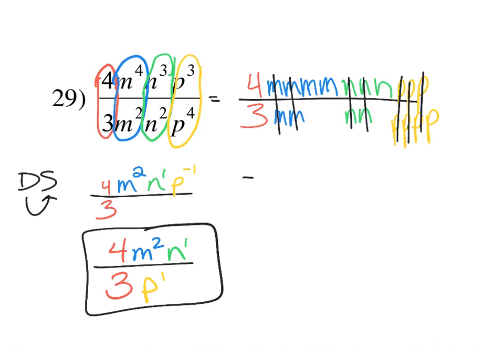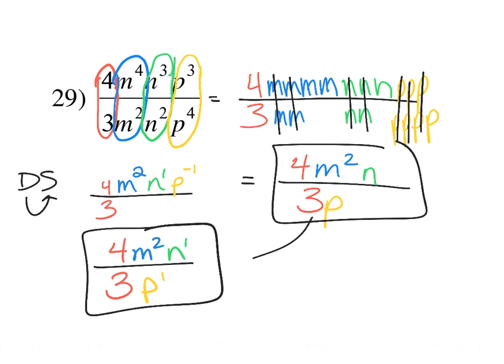Collecting the things that I have left, in expanded form, I would have 4 m squared n over 3 p. And guess what? We got the same answer whether we used expanded form or we used the regular form with the rules. If expanded form works for you, make sure they're positive when you expand them, and then go for it.